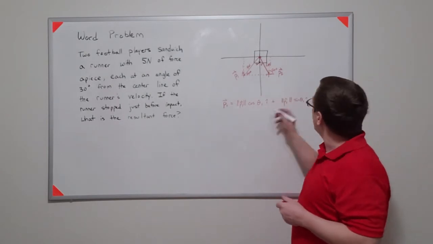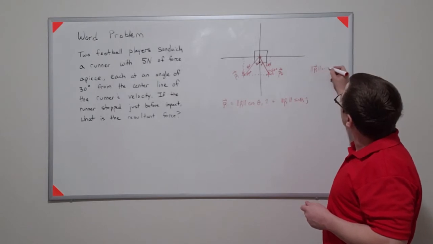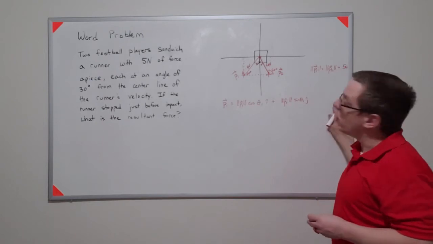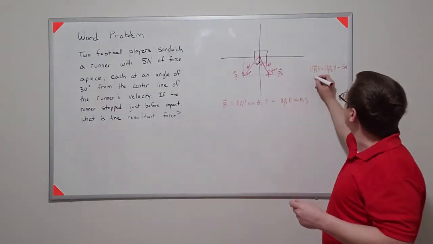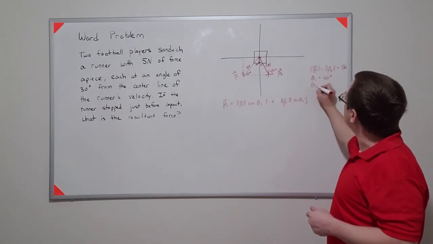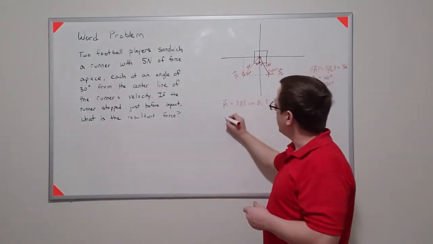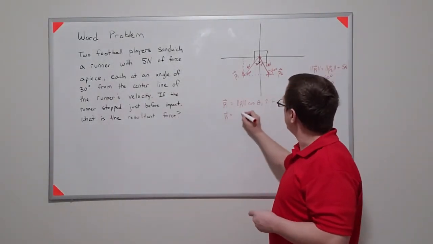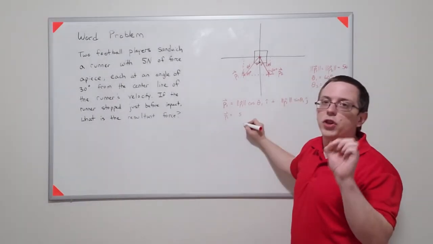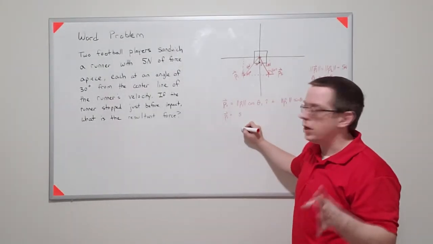Now, we know that the magnitude for both players is 5 newtons. And we know that theta 1 is 60 degrees, and theta 2 is 120 degrees. So that tells me that P1 is 5. I'm going to leave off the newtons for now, but we can think about it later.